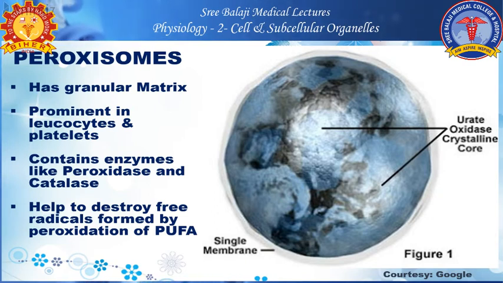See, peroxisomes: granular matrix, single membrane. They contain what? Antioxidant enzymes. So they have antioxidant properties. They contain enzymes like peroxidase and catalase. Granular matrix found in leukocytes and platelets.